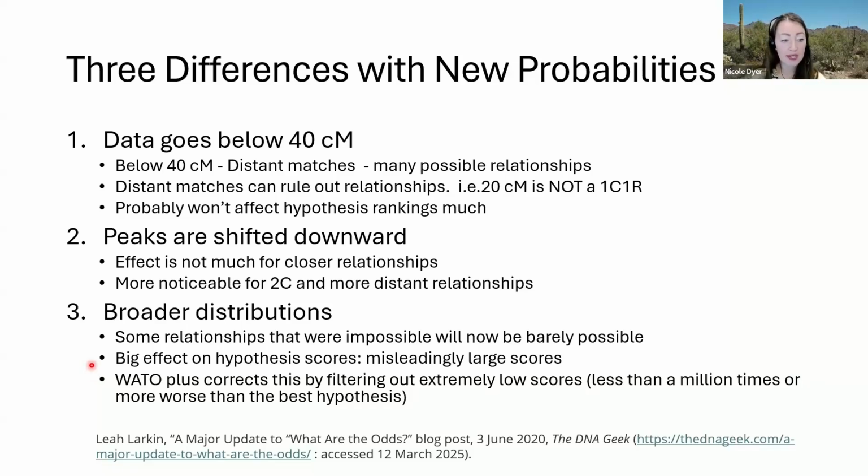And so what happened is that with the new WATO Plus that they released, this filters out extremely low scores. So if you're using the new probabilities, the 2020 probabilities, then it will filter out the really low scores, the ones that are a million times or more worse than the best hypothesis.